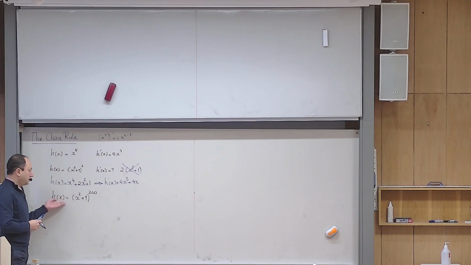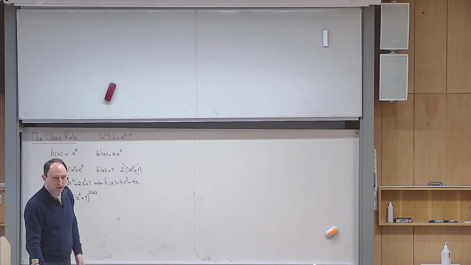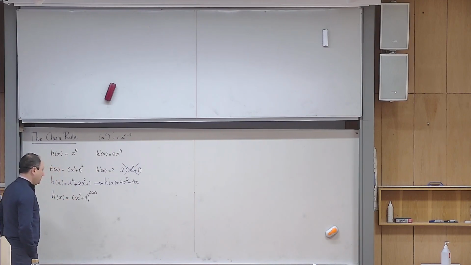But technically and practically, it is extremely hard. Because if you want to do the same thing here, you have to expand this and multiply it by itself 200 times. Then, of course, you get a very, very huge polynomial, but theoretically, it is not hard. It is extremely tedious to do that.